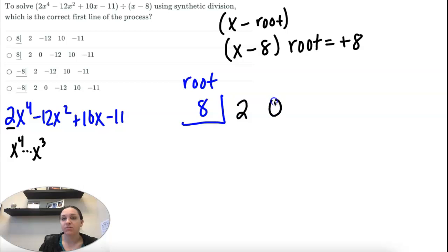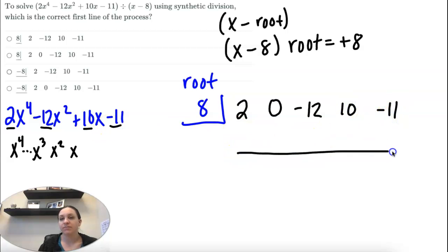So 0. X squared, the coefficient's negative 12. X, the coefficient's 10. And then just the number, negative 11. That would be our setup. Again, it's the bottom one.